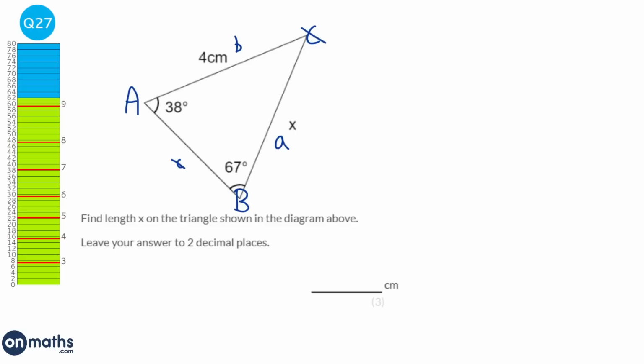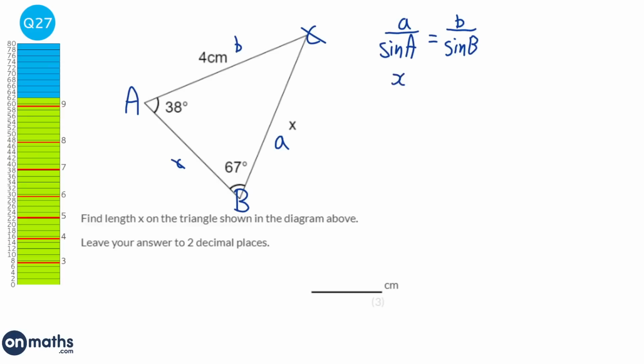Now when you've got 2 pairs of angles and sides, you're going to be using the sine rule. The sine rule is either sine A over a, or it's a over sine A. When we're looking for a length, we put the length on the top. So it's going to be lowercase a over sine capital A equals lowercase b over sine capital B. Okay, so we're going to fill in the values.